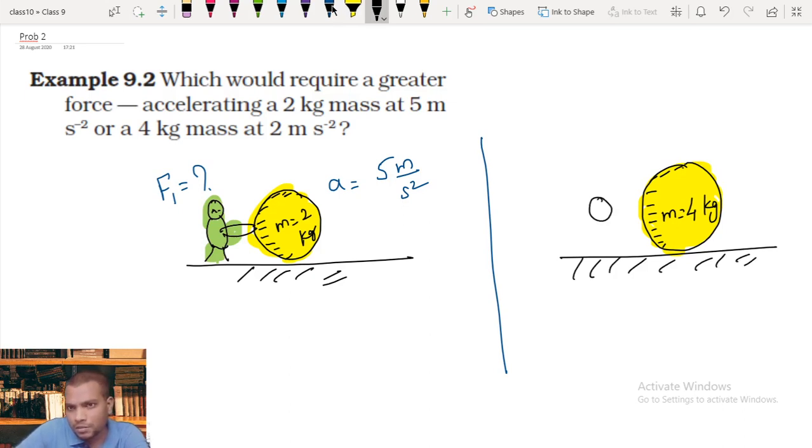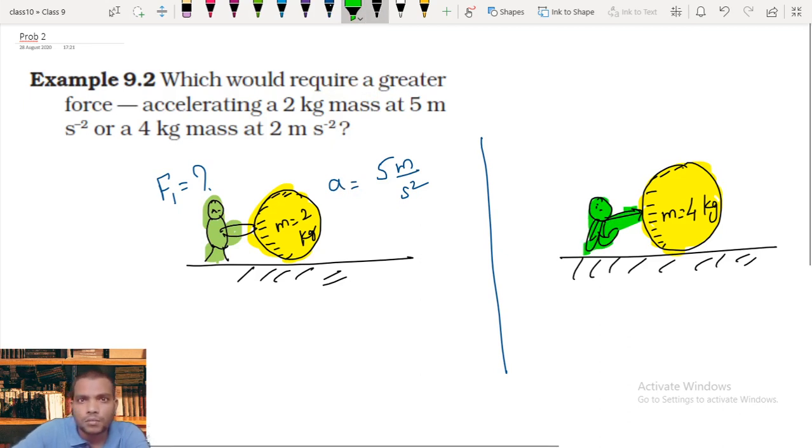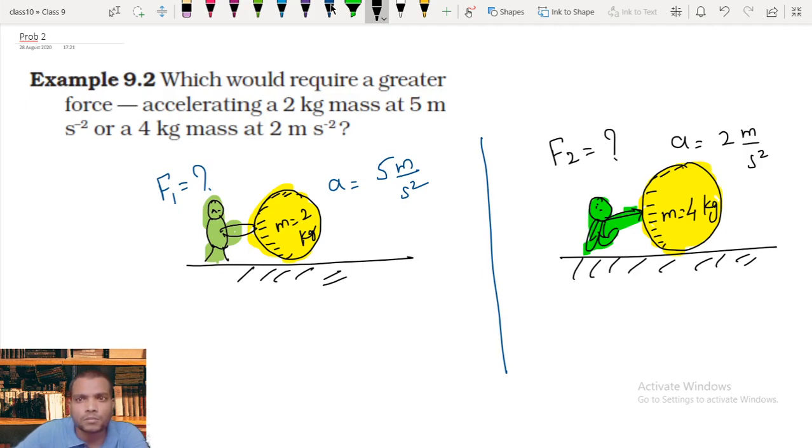Now he is applying a force on the object, but this time the acceleration equals 2 meter per second square. In this case, let me take the force as F2, equal to how much?